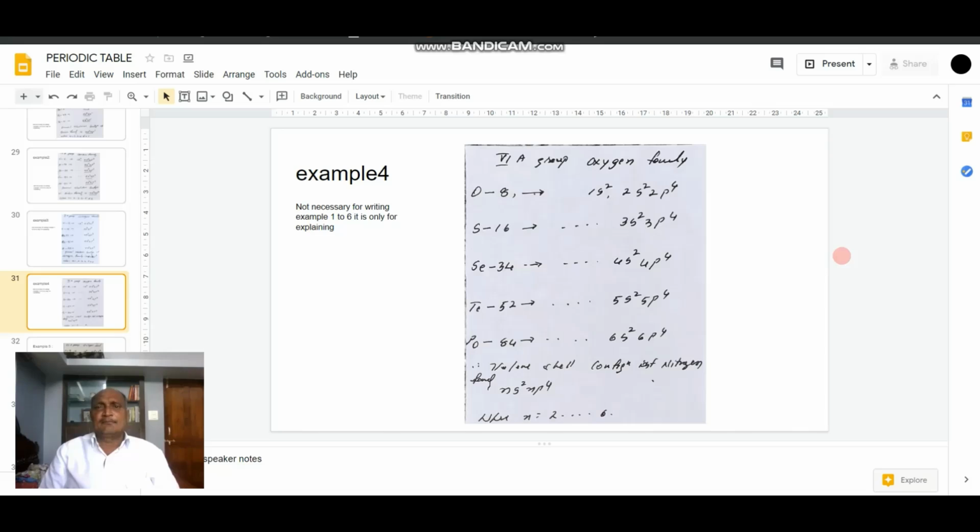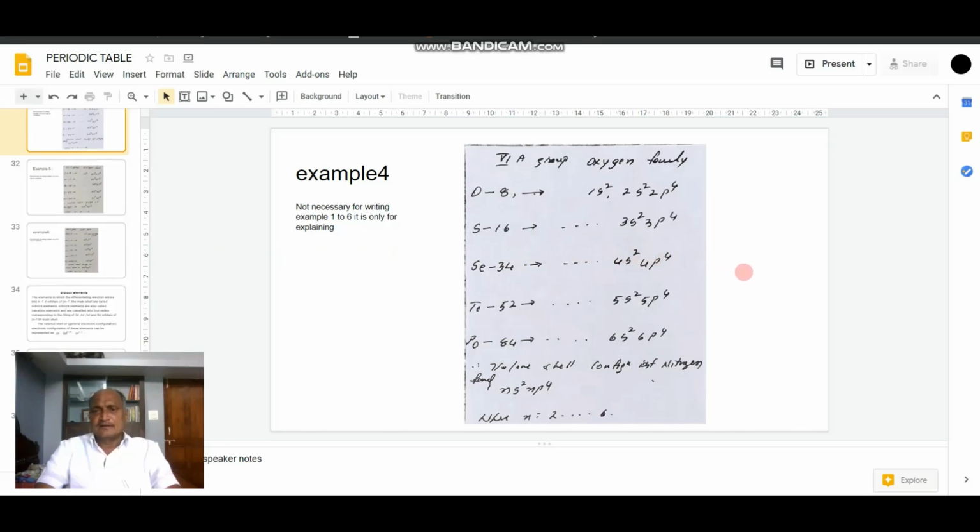As the atomic number of oxygen is 8, its configuration can be written as 1s2, 2s2, 2p4. In this element, the 4 electrons are entering in the form of a p subshell, that is 2p4. Hence, oxygen is a p block element.